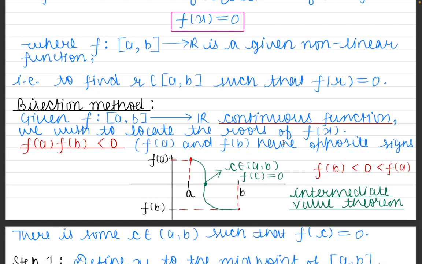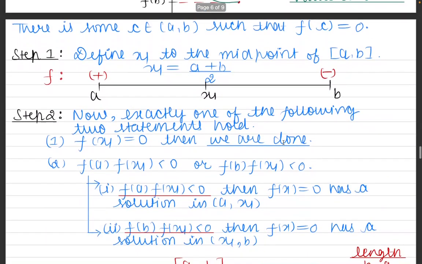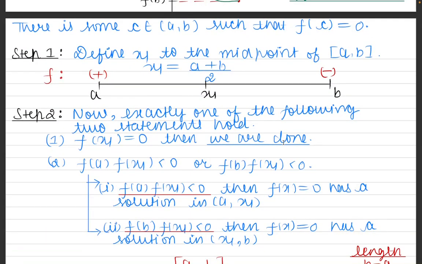So in this process, step 1 is, define x1 to be the midpoint. So why is it called bisection method? Bisect means to cut something into half.